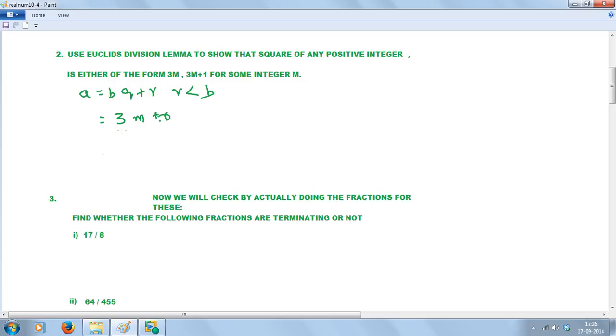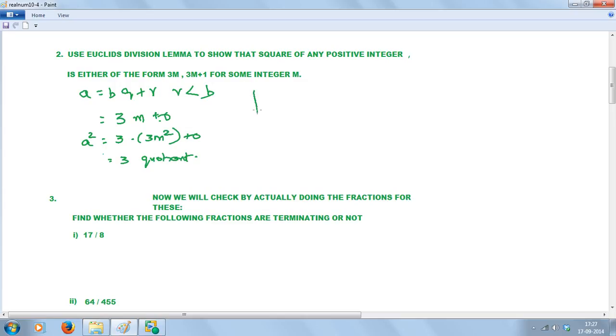If you square, what happens? a square is equal to 3 multiplied by 3m square, so it is of the form 3 and some quotient. This is of the form 3m, that is 3 into some quotient.